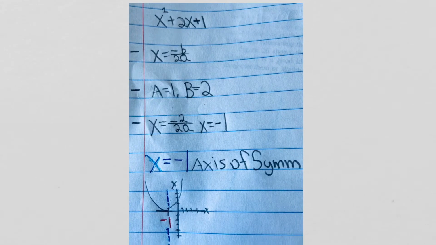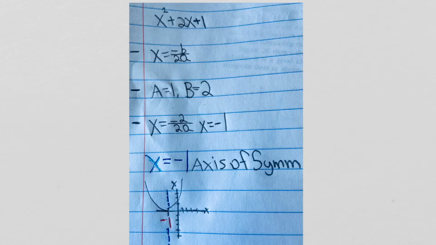Okay, so here we have another one, x squared plus 2x plus 1. We know to find the axis of symmetry, we use x equals negative b divided by 2a. We want to identify what a and b are. By looking up here, we see a is 1, b is 2. So we plug that into our formula, x equals negative b divided by 2 times 1.